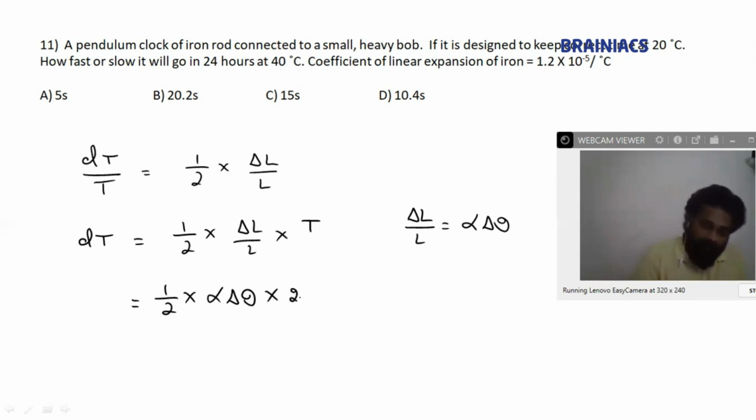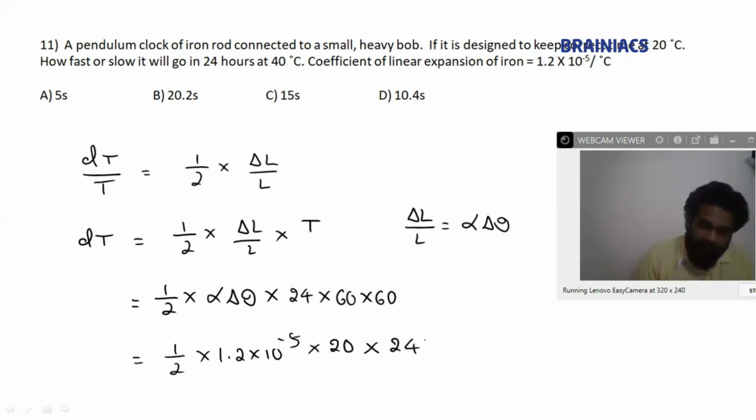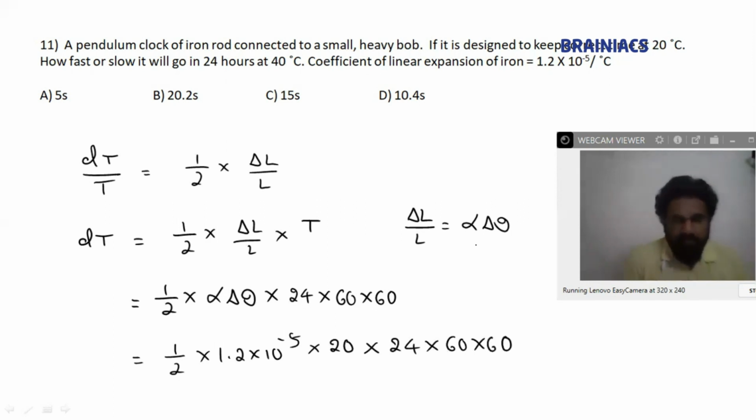24 hours means 24 hours per day, each hour 60 minutes and each minute 60 seconds. Substituting all that: half into 1.2 into 10 raised to minus 5, into the change in temperature 20, into 24 into 60 into 60.